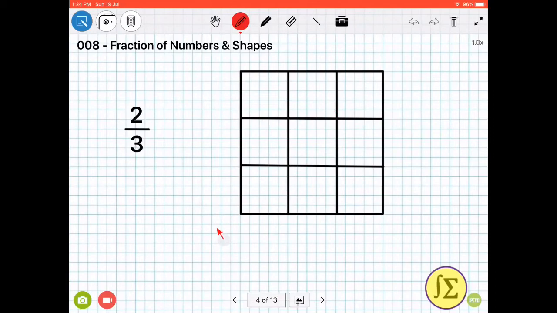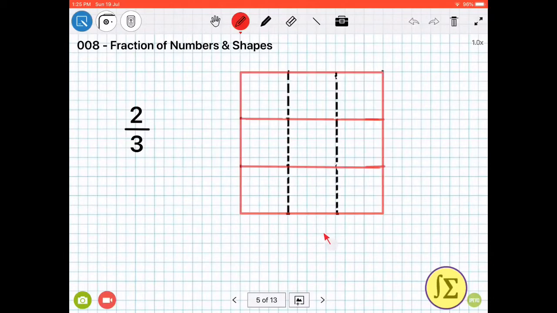Okay, what if we were asked to shade 2/3 using the same figure, right? But we see that the figure has been divided to 9 equal parts and not 3. So how do we do that? Okay, so what we have to do is convert the division instead of 9 to 3 equal parts, something like this. Using the same figure, right?